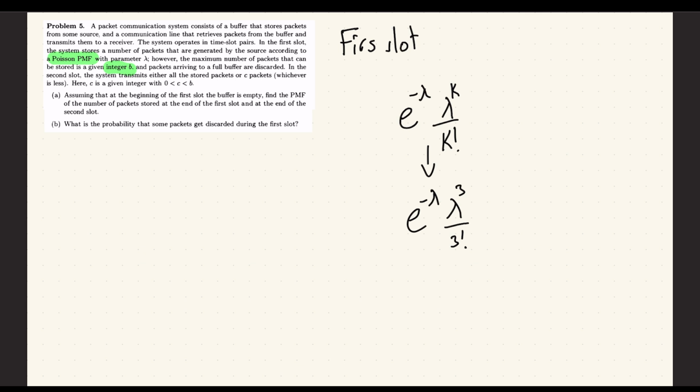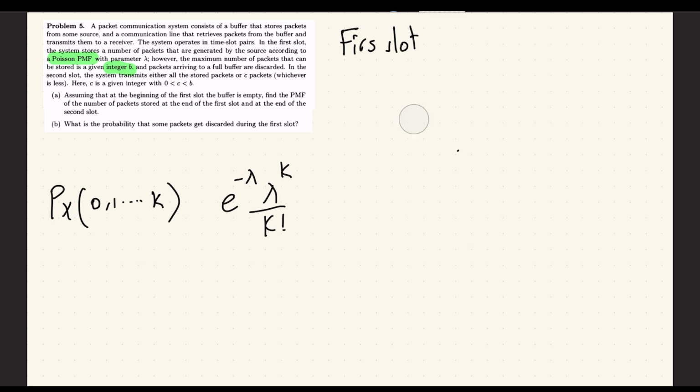So we can actually write the probability of producing 0, 1, all the way to k packets as e to the minus lambda, lambda to the power of k divided by k factorial, right? Well, there is only one part here we have to be careful of.